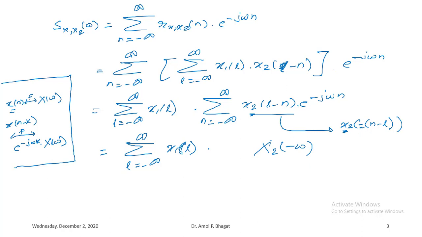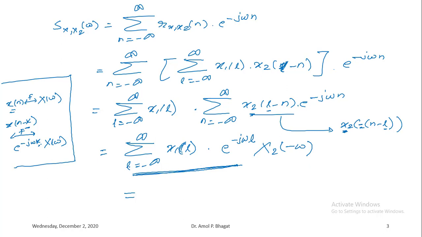So similarly here we can write e to the power minus j omega L. In place of k we have L here, right? So therefore it should be e to the power minus j omega L. Again, if you observe this particular equation, this is nothing but the equation for the Fourier transform.